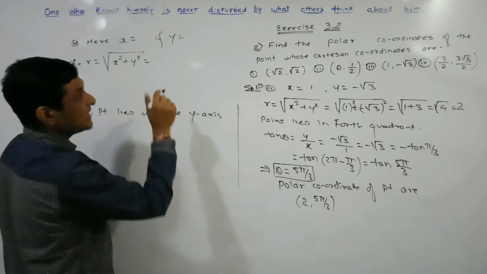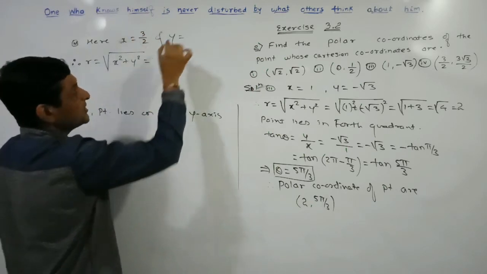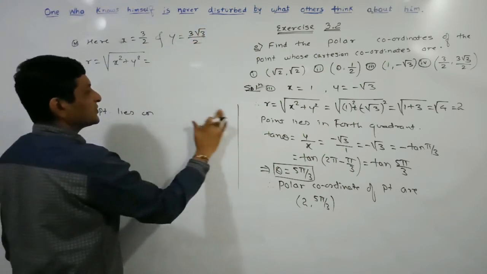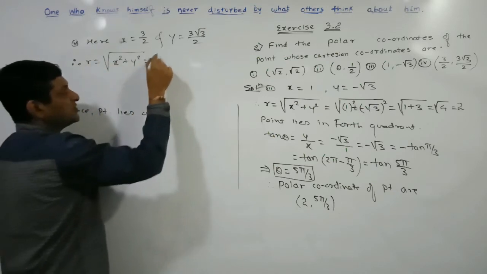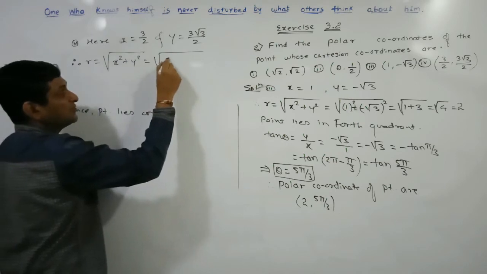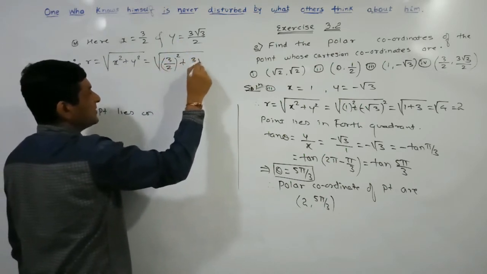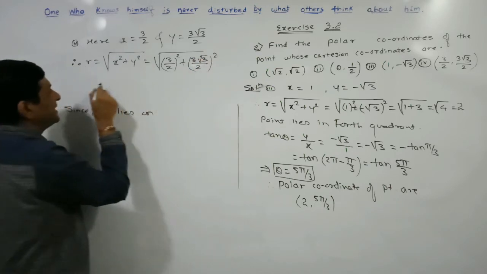We can observe that the x coordinate is 3 by 2 and the y coordinate is how much? 3 root 3 by 2. Now first find the value of r by applying this formula. Replace x by its value 3 by 2, keep this square as it is, plus y by its value 3 root 3 upon 2, whole bracket square. Let us simplify it.